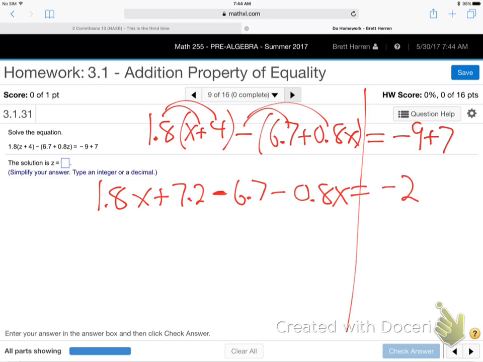And the other side's just -2, isn't it? Everybody see that first line? See how those both are negative? Negative 6.7 and negative 0.8x. Not just one of them? Is that good?